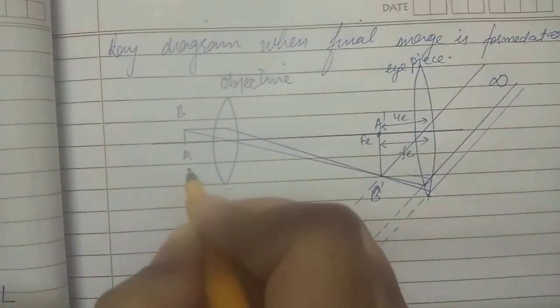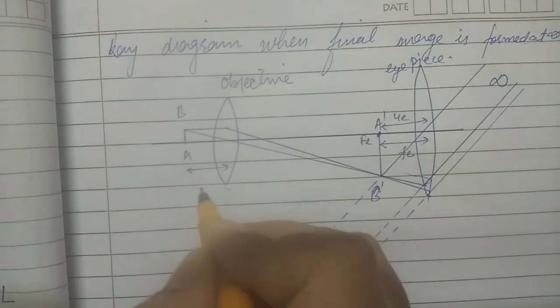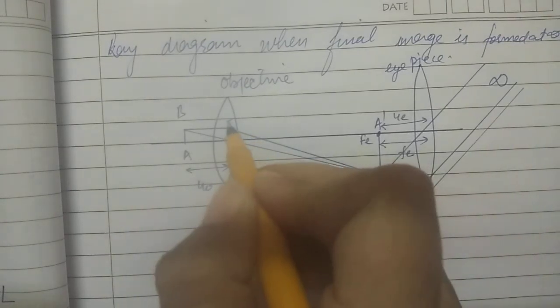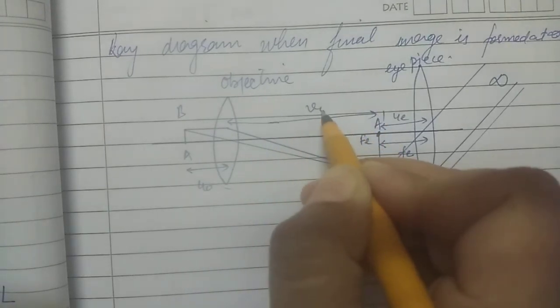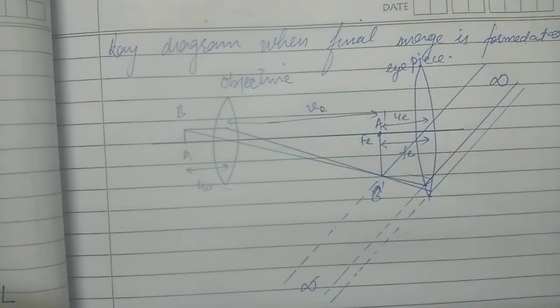This is the object distance u0 from the objective, and this is v0, the distance of the image from the objective lens. So this is the ray diagram for the compound microscope when the final image is formed at infinity.